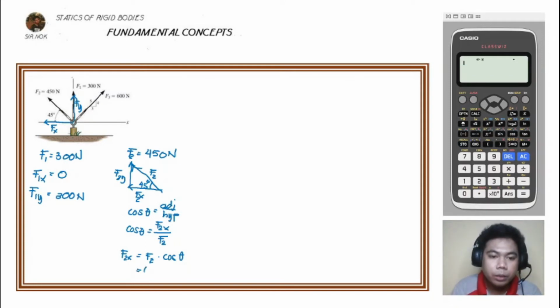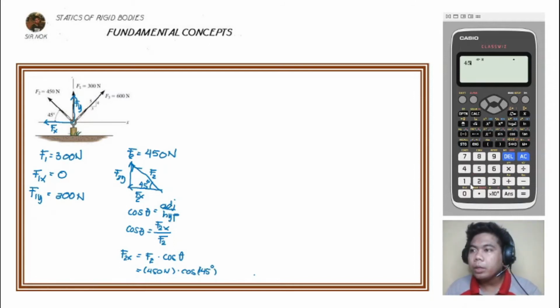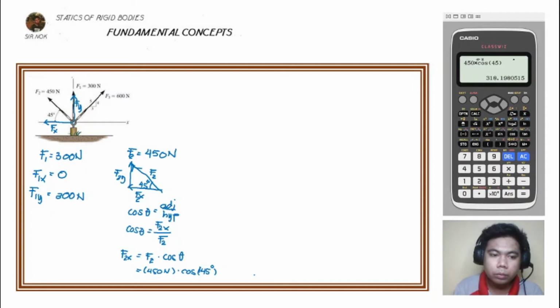So that is 450 newtons times cosine 45 degrees. So 450 times cosine 45 is equal to 318.198 newtons.